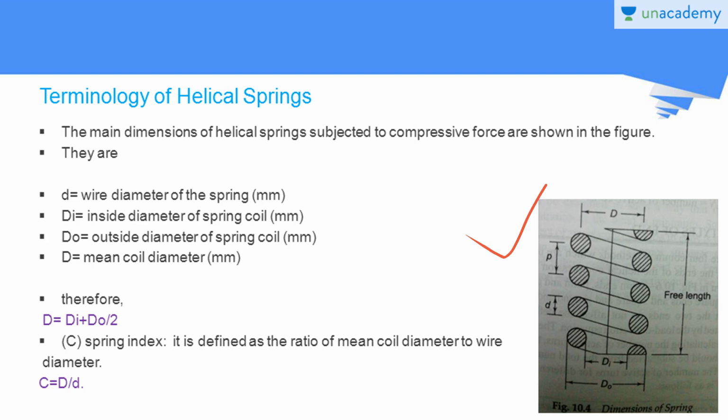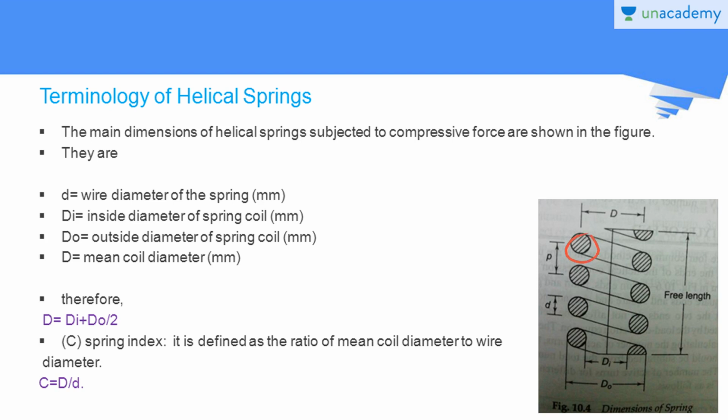The dimensions are: d equals the wire diameter of the spring. See here we have the wire. As I said before, these helical springs are included in the wire springs, right? That's why they are made of wires and mostly we use round wires. As you can see in this figure, the cross section is a circle.